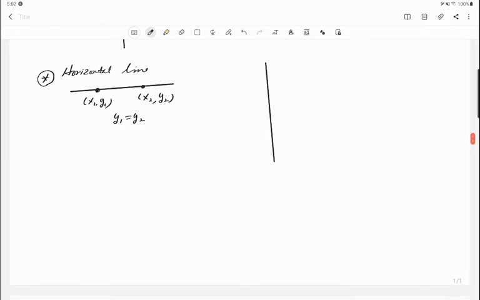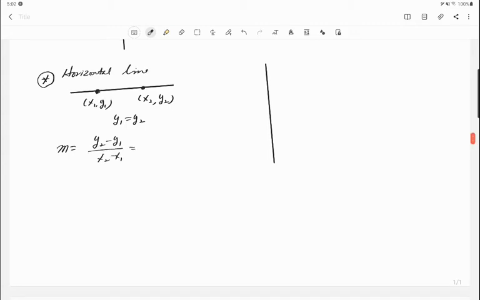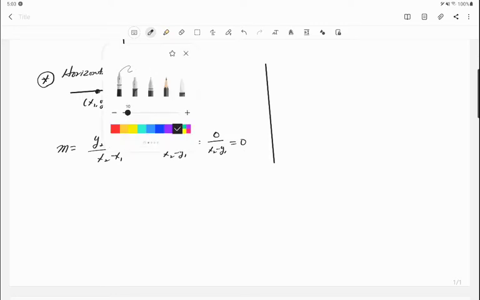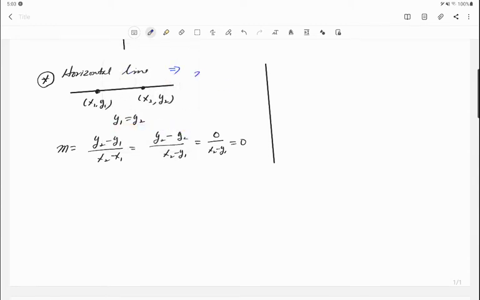So the slope is y2 minus y1 over x2 minus x1. But since y1 and y2 are the same, isn't it 0? The numerator becomes 0. So if it's a horizontal line, then the slope is always 0. Don't forget, for a horizontal line, the slope is always 0.